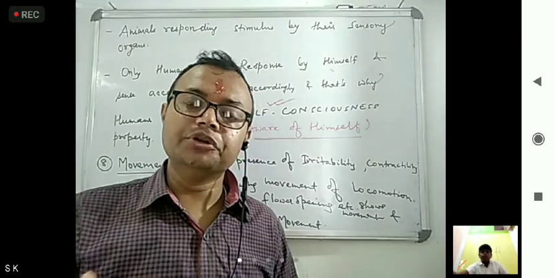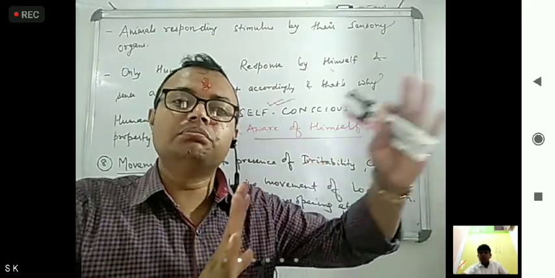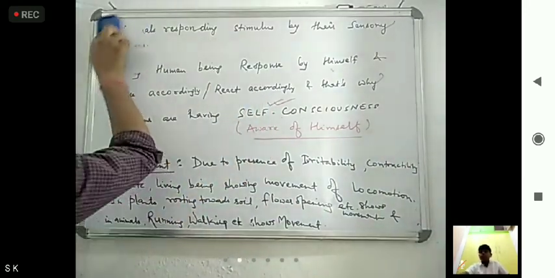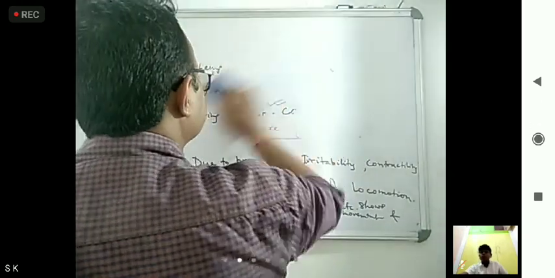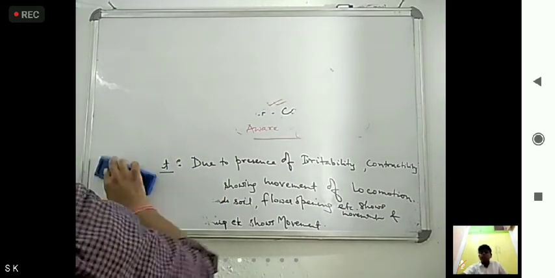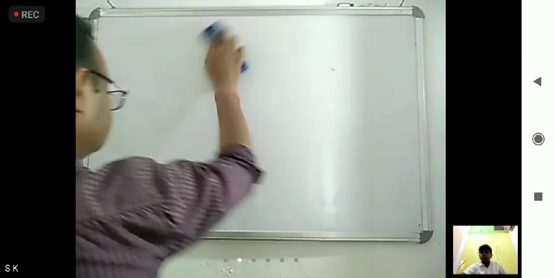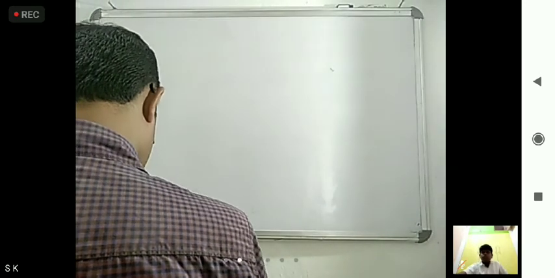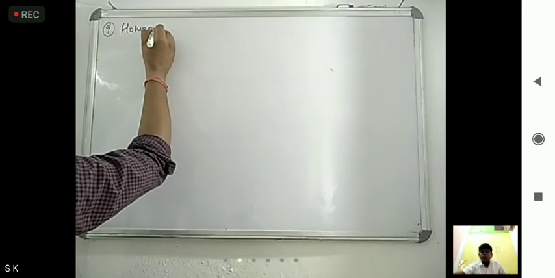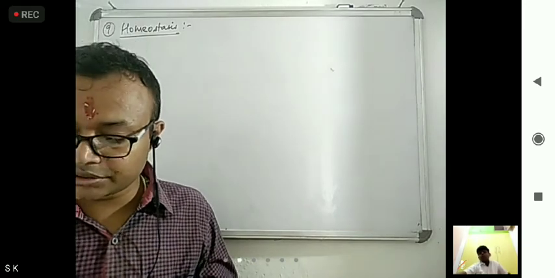Now the next property is homeostasis. With a changing external environment, the internal environment is also balanced.